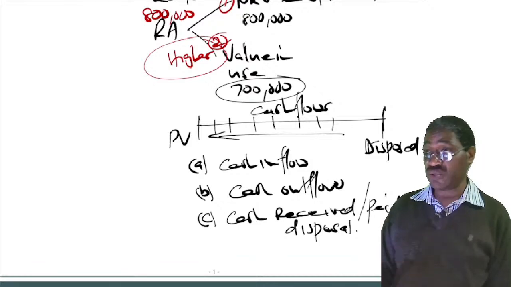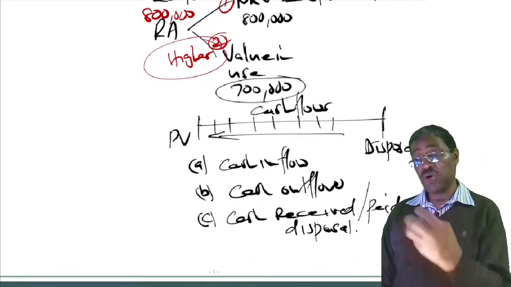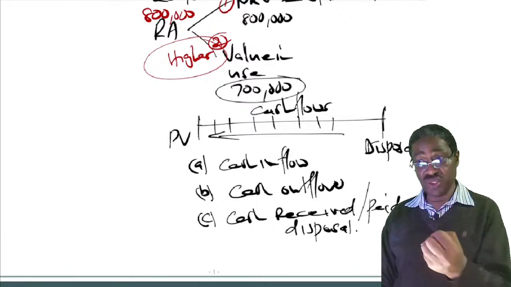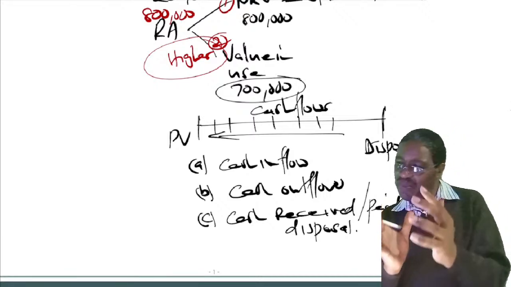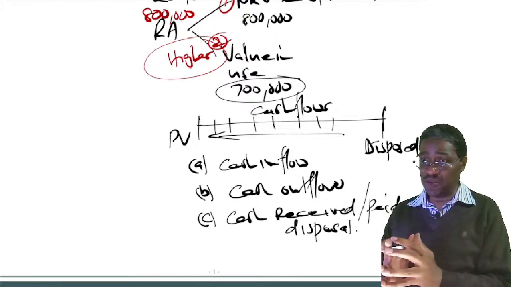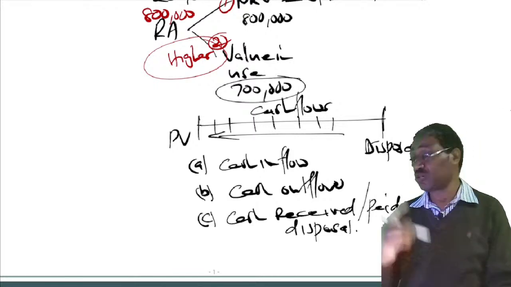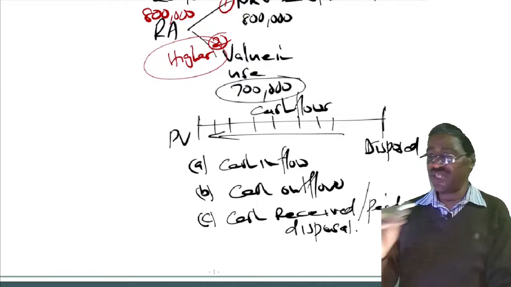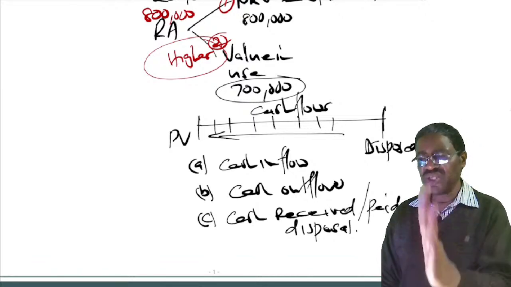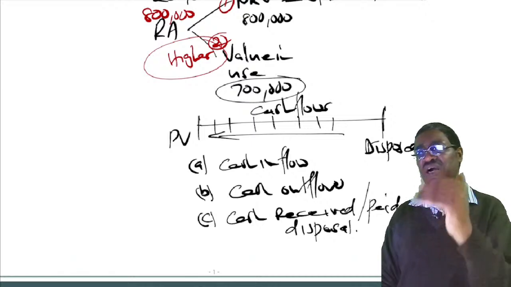So that's one of the small tricks in this kind of topic: how to get the value in use. I have said you get the present value of the future cash flows. Some of your questions say we project to receive this much in year 1, this much in year 2, this much in year 3, 4th year, and so on.